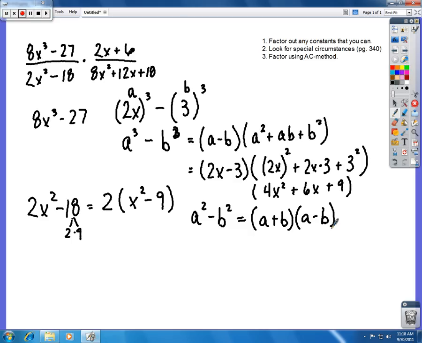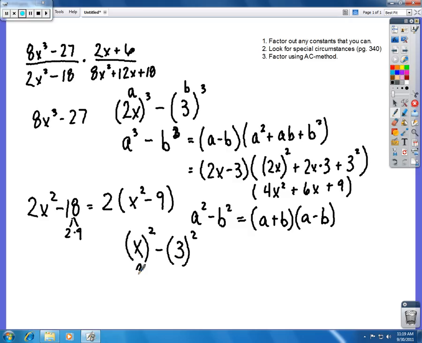So I again have to put these in terms of a and b. So I have to ask myself, okay, what squared gives me x squared, and what squared gives me 9? Well, what squared gives me x squared is pretty straightforward. That's just x. What squared gives me 9? Well, 3 times 3 is 9, so 3 squared gives me 9.